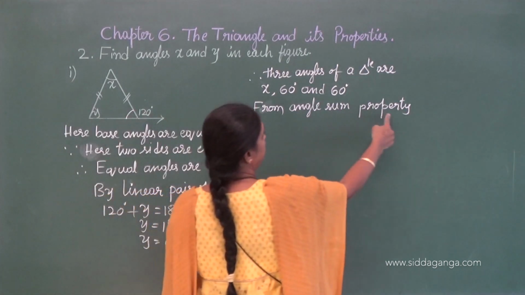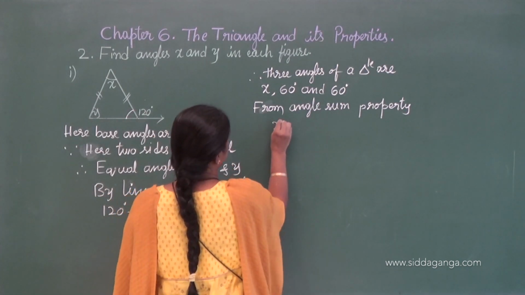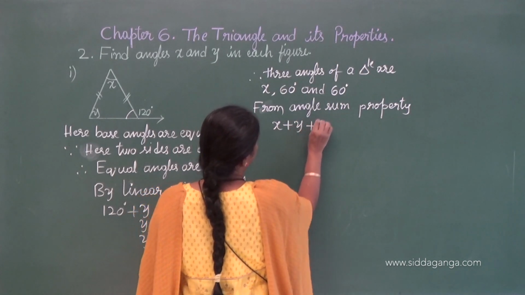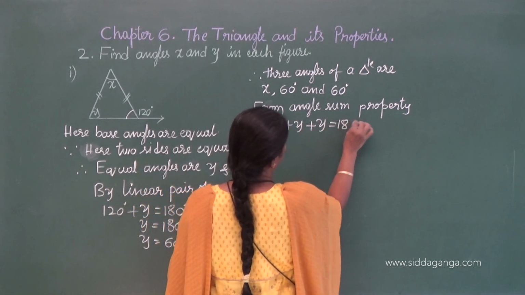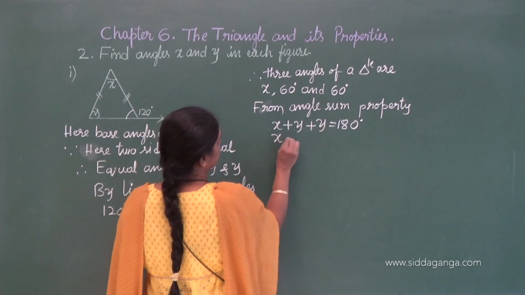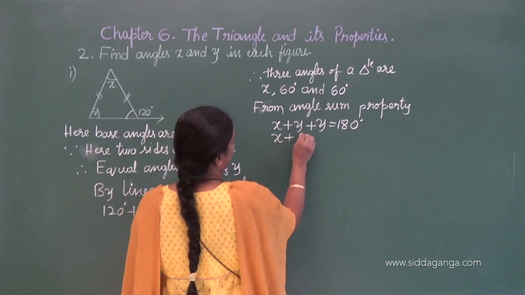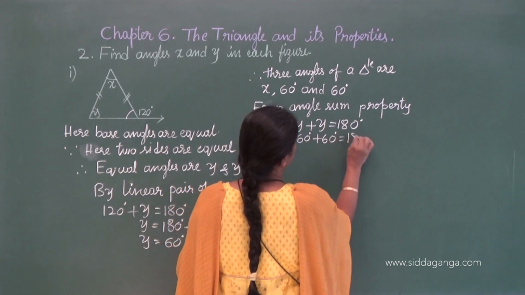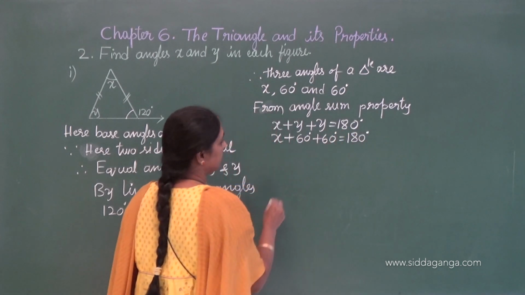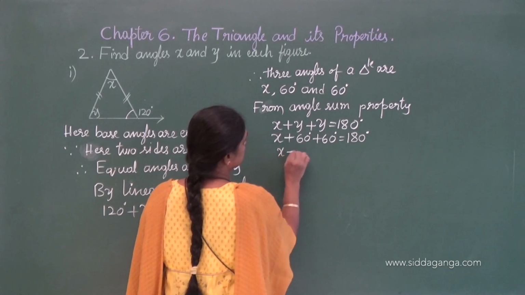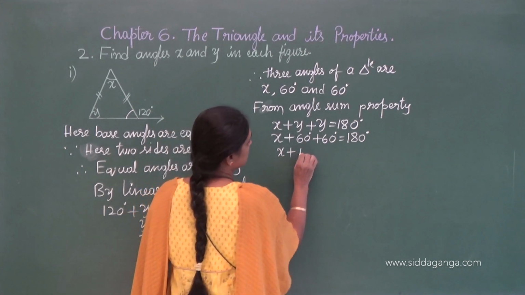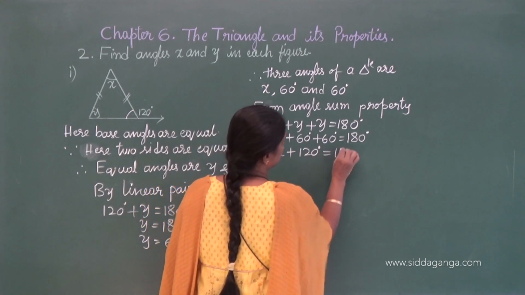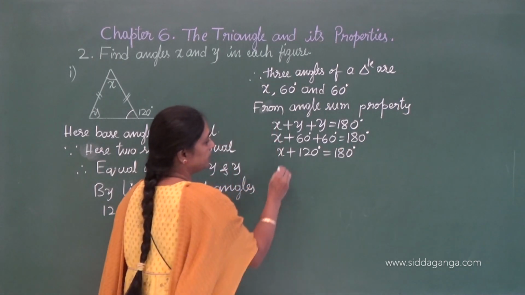From angle sum property, we can write x plus y plus y is equal to 180 degree. x plus, we found the value of y as 60 degree plus 60 degree, that is equal to 180 degree. So keep x as it is, then 60 plus 60 is 120 degree, that is equal to 180 degree.